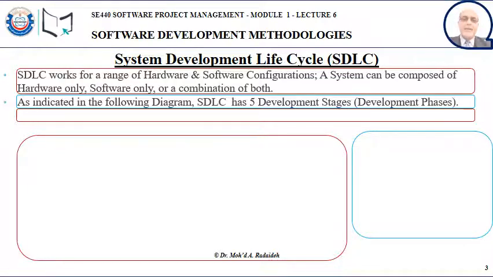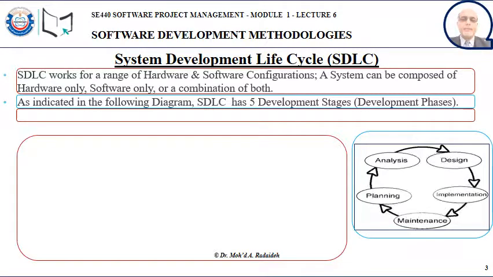SDLC has 5 stages or phases, call them development phases. As you can tell here in the diagram, it starts with planning, moves to analysis, then design, then implementation, then maintenance.